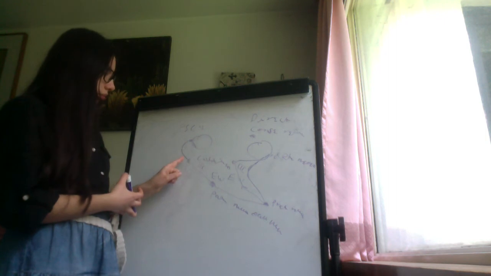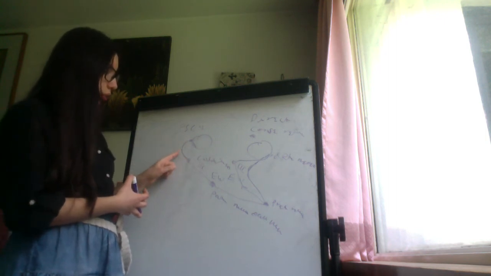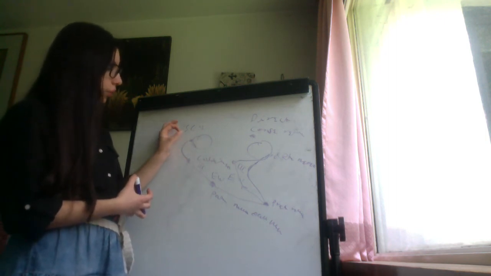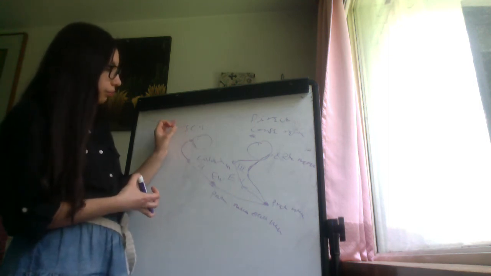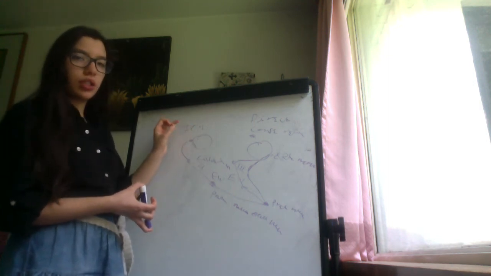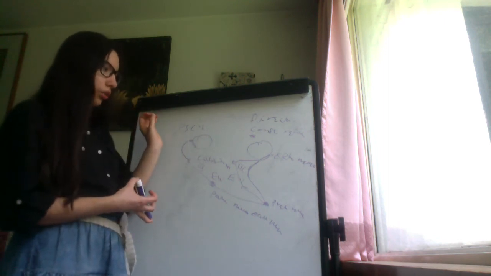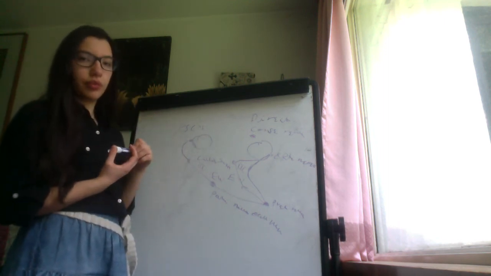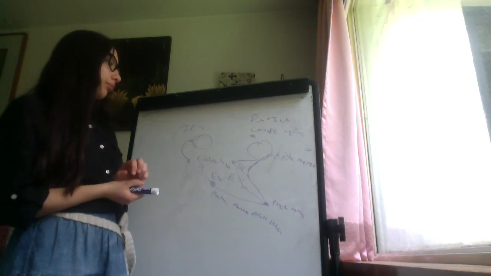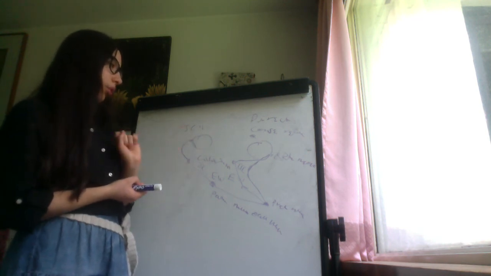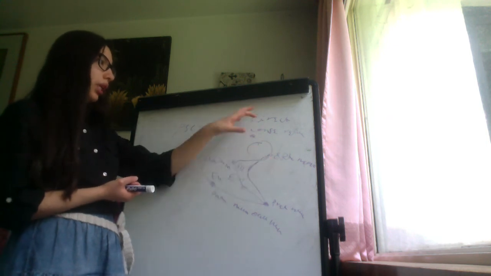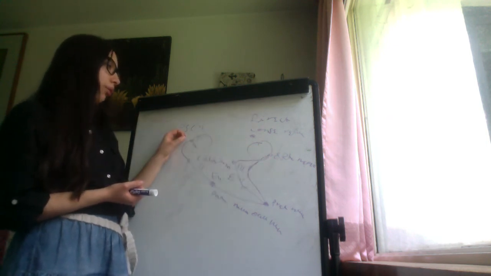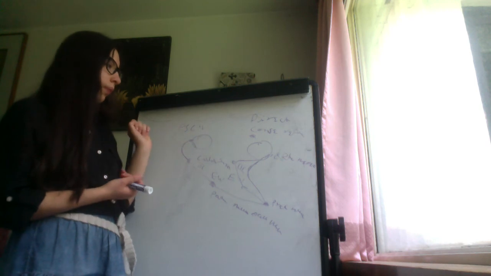Then this postganglionic neuron is going to release acetylcholine again, but now onto the muscle. This is going to be on muscarinic receptors, and we will produce constriction of the pupils. So constriction on this side will be the direct reflex, and constriction on this eye will be the consensual reflex.